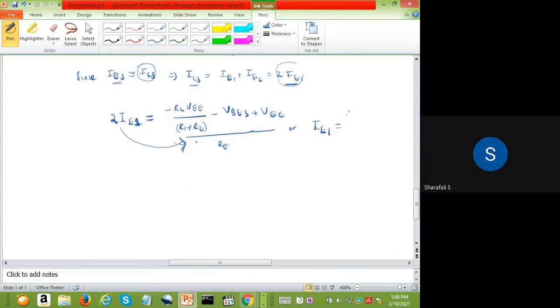Sorry, so here it will become 2R. IE1 will be equal to all these terms divided by 2R.